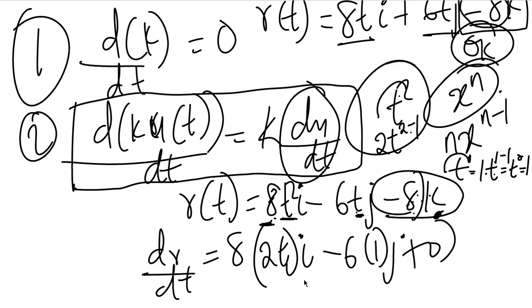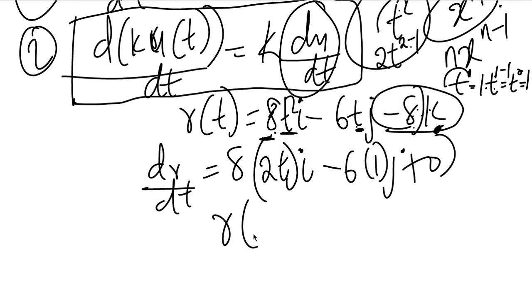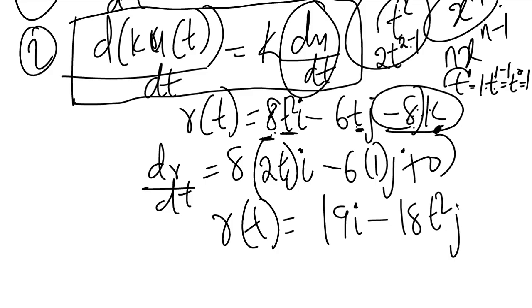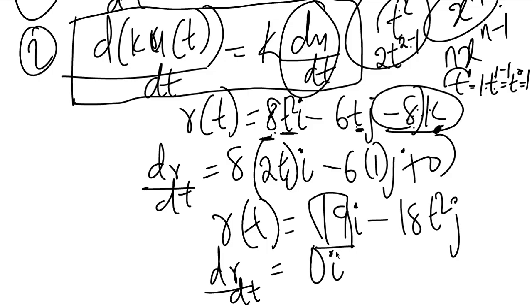So let's say r(t) was actually 19i minus 18t squared j. Let's say we had a function like this and you were asked in the exam to get the value of r'(t). What's it going to be? Since 19 is a constant, it does not have any t function attached to it, right? So we are going to differentiate it to be 0i, because this is a constant and there's no t variable attached.